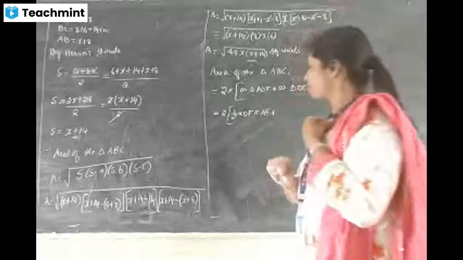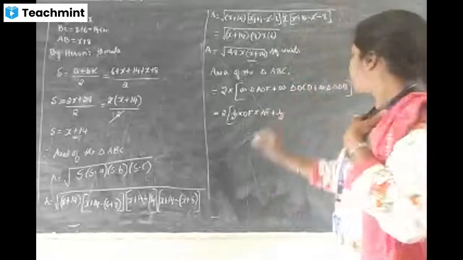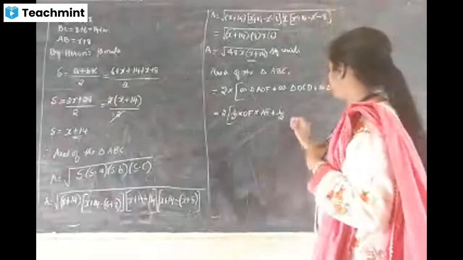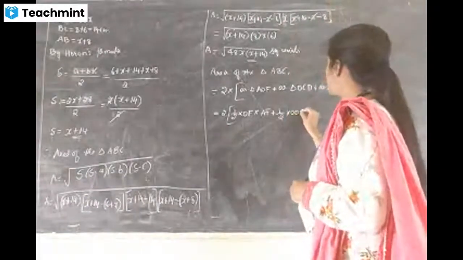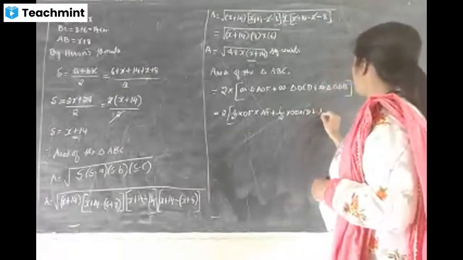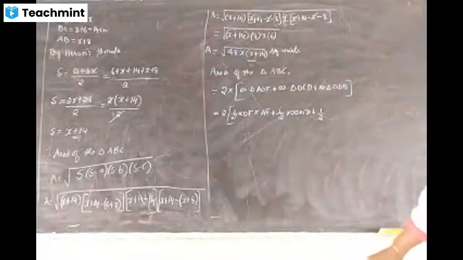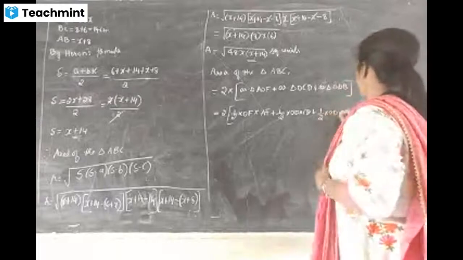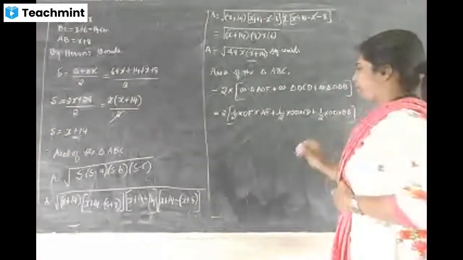Plus half into OCD. Base is CD, height is radius OD. OD into CD. Plus half, here the height is the same OD, base is BD. OD into BD. Now apply the values.